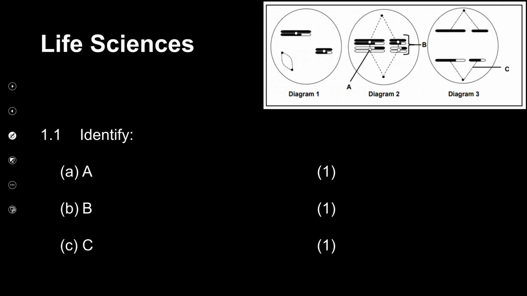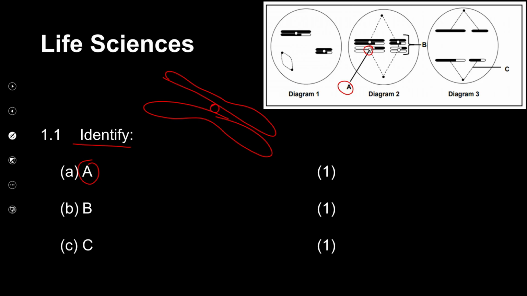Let's read further into the question. The first part of the question requires us to identify A. Guys, when we look at the diagram, we can clearly see structure A being labeled, and structure A points to this little structure. Guys, we know that chromosomes have chromatids that are held together by what we refer to as the centromere.